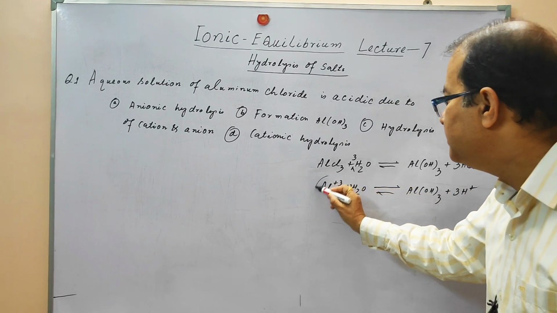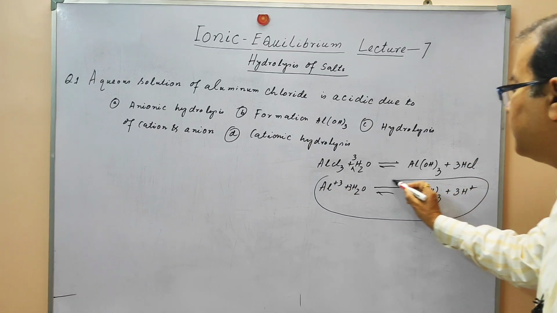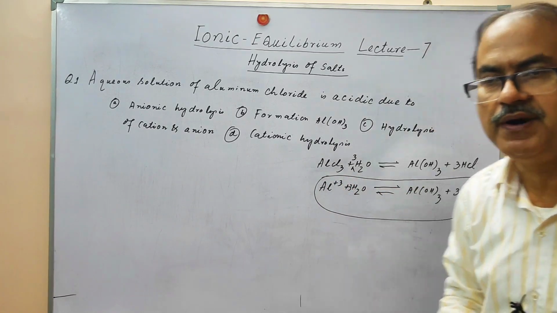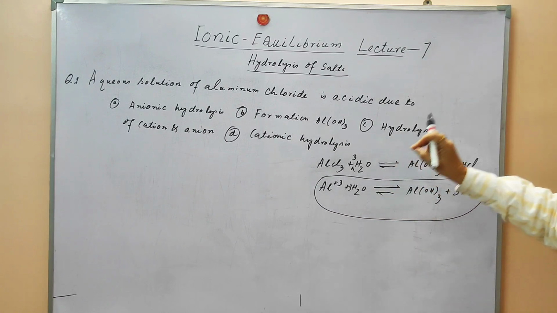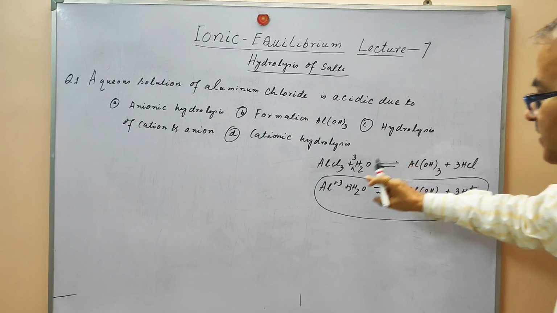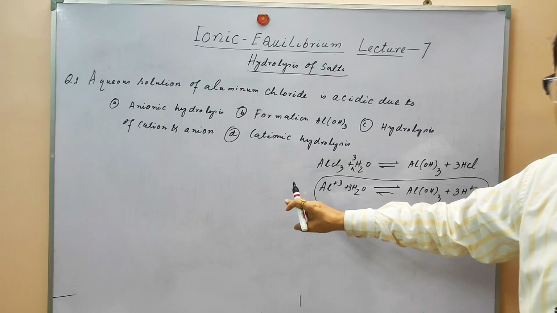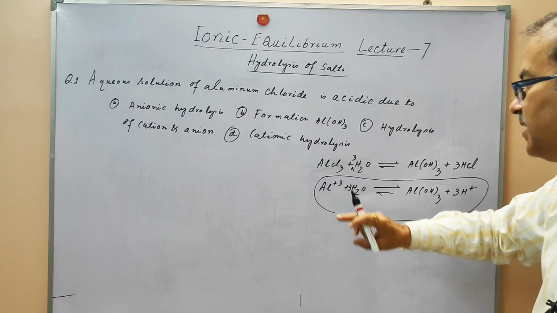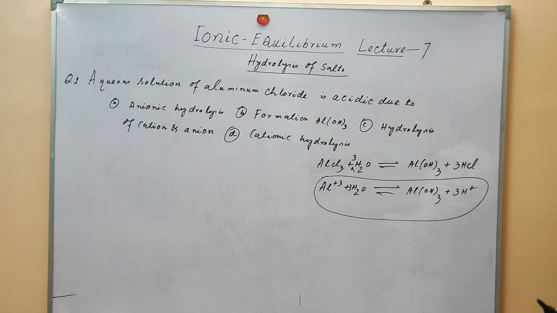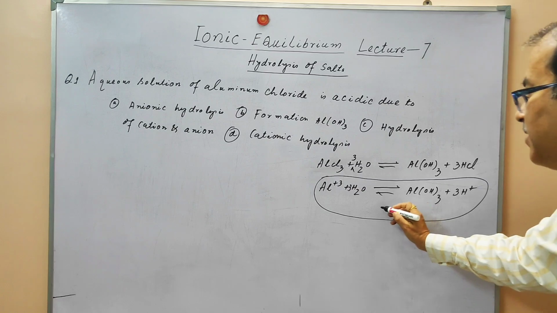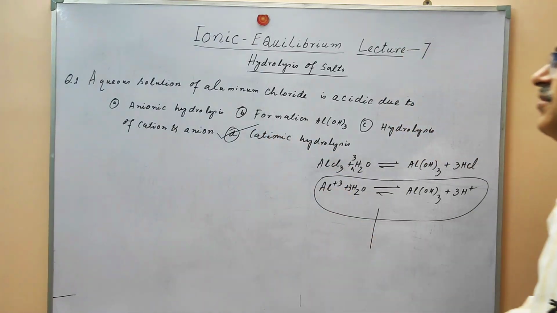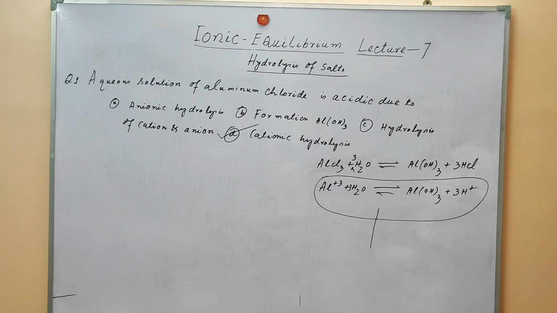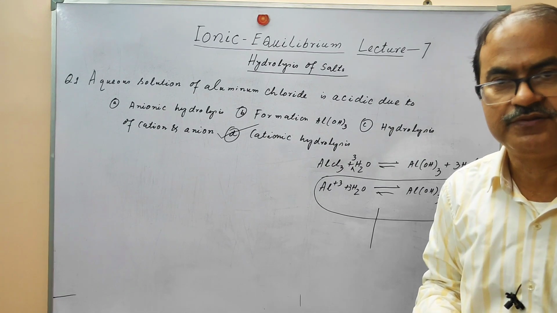So here you can see the hydrolysis reaction of aluminum chloride. The aluminum, that is the cation, interacts with the water and produces an acidic solution, and that is why you can say this is cationic hydrolysis. Cationic hydrolysis is the right option.